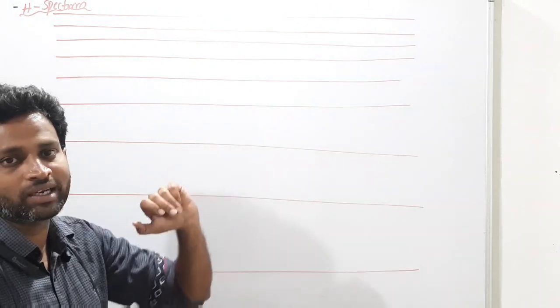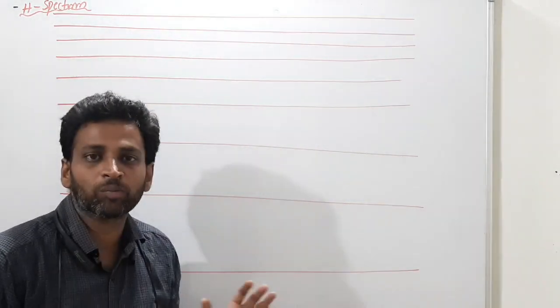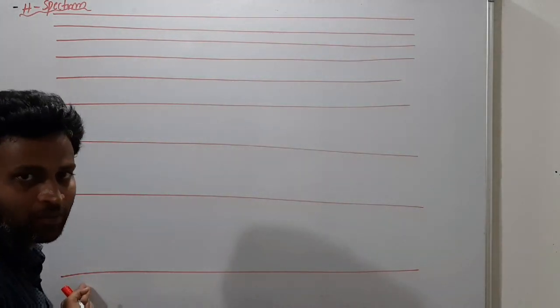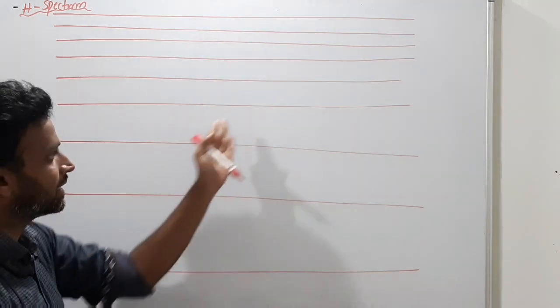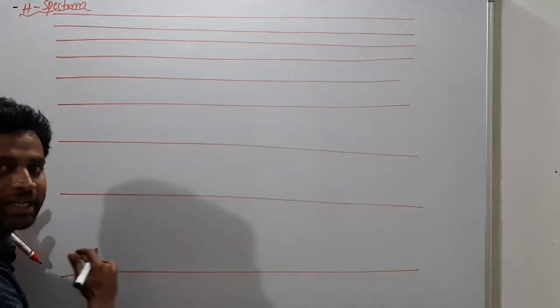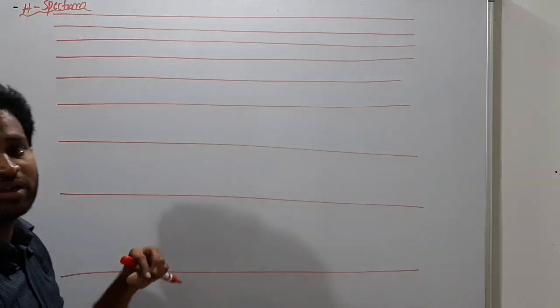So you will have the hydrogen spectrum completely at one place, because UV region has more frequency, next visible, next infrared. So in increasing order of wavelength or decreasing order of frequency, I will write the total hydrogen spectrum now here.